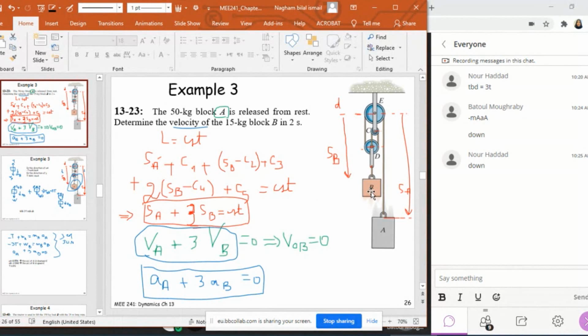I know the acceleration at B. Since this acceleration is constant, I don't have to do the integration. I can apply the uniformly accelerated motion equation in kinematics to find vB.